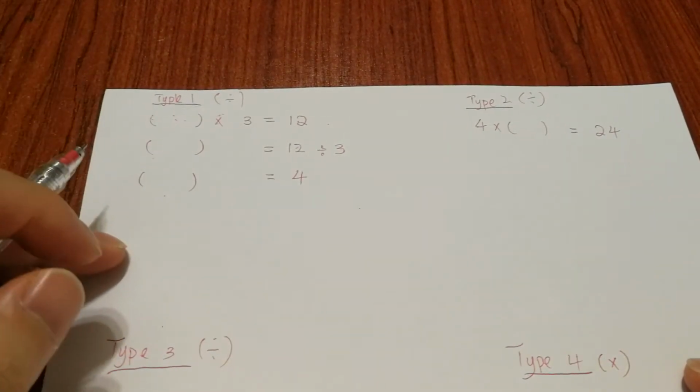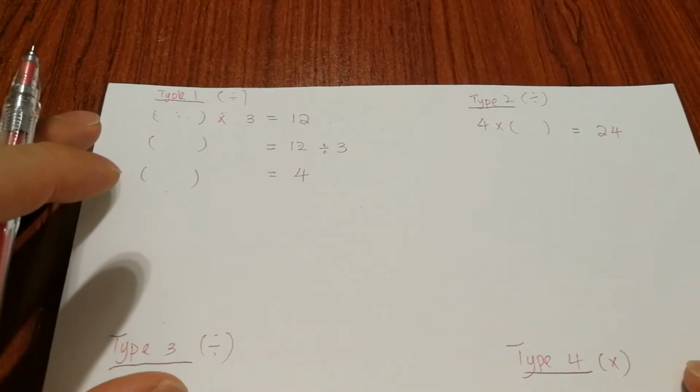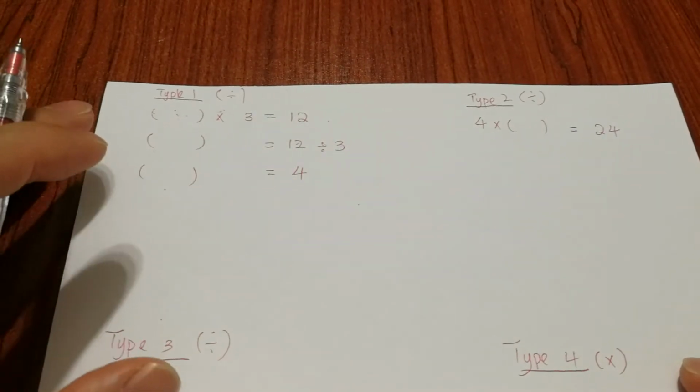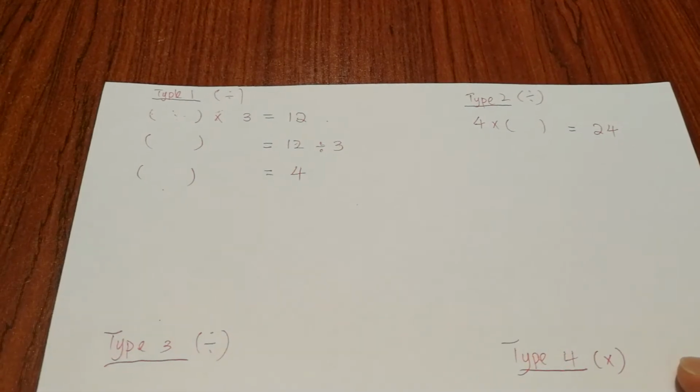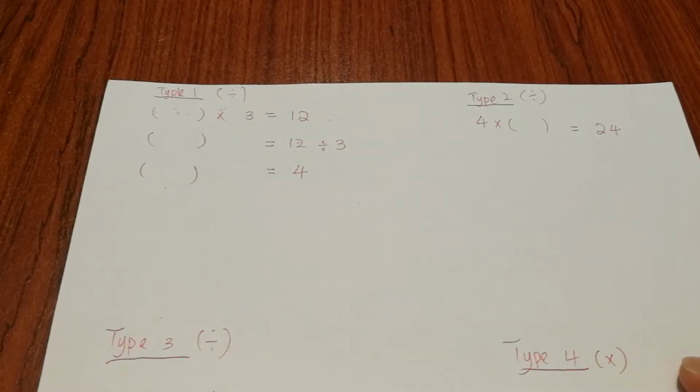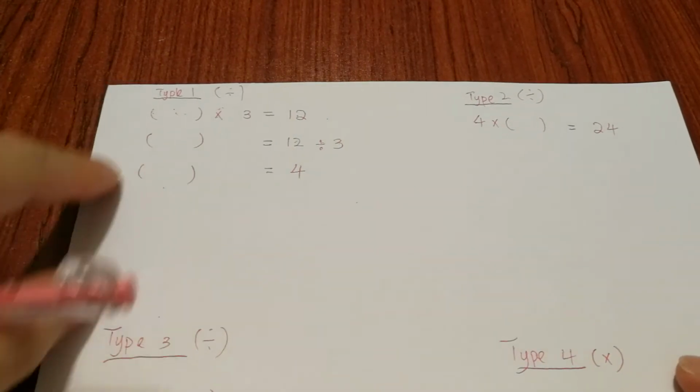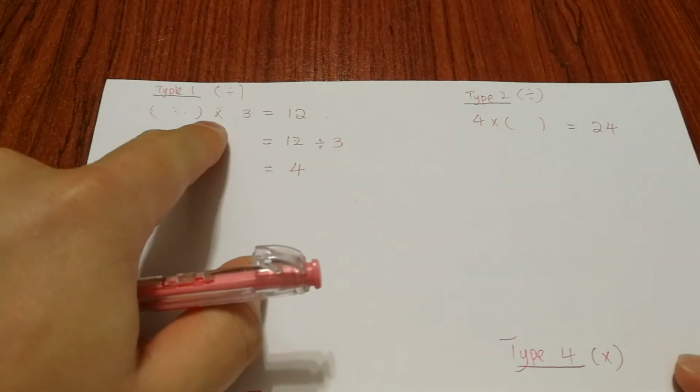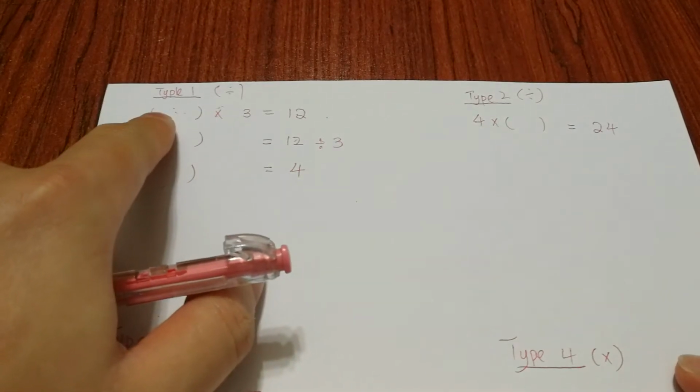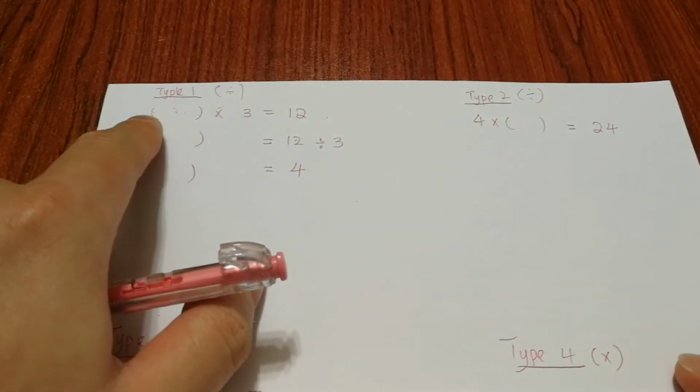Why I am teaching you this, later you will know, because I'm going to connect this to fraction. Okay, because I want you to understand this basic concept first before we can do fraction. Now we understand this, right? Bracket times this, we want to find bracket, right? So we don't move the bracket.